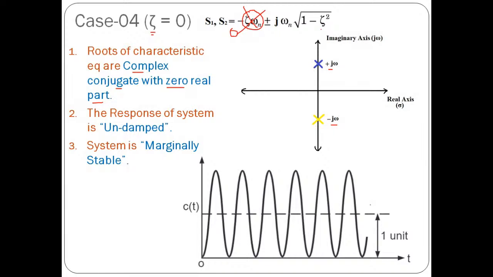This is very important. That means when you put the value of zeta equal to 0, or if you design a system having zeta 0, the system is said to be undamped, and the output of the system is marginally stable, or you can say it has oscillations with constant magnitude. So note down this point.